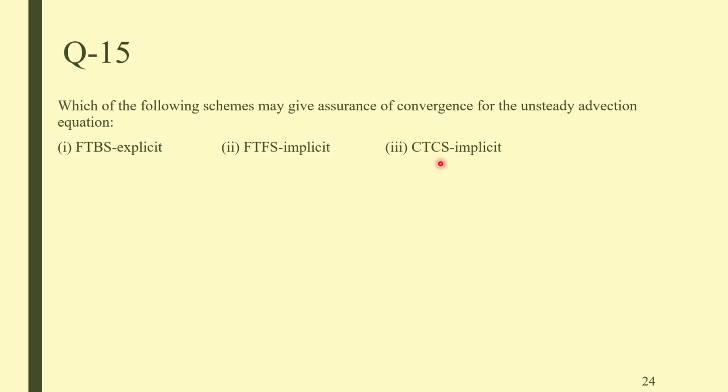So stability is there, and consistency too, because the advection equation can be written in a form such that as delta t and delta x approach 0, the truncation error also approaches 0. So it is consistent as well. So according to Lax's theorem, consistency and stability are there, so it can produce converged solutions. So option A is 1, option B is 1 and 2, option C is 1 and 3, option D is 1, 2 and 3. So that is the right answer, option D.